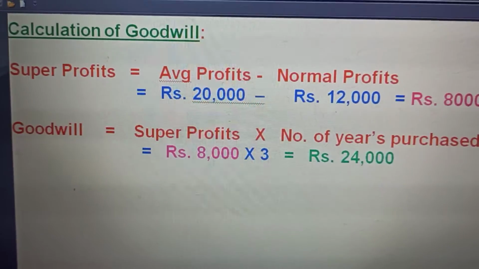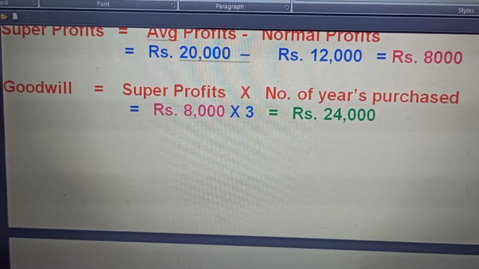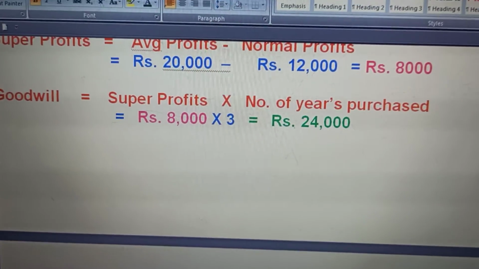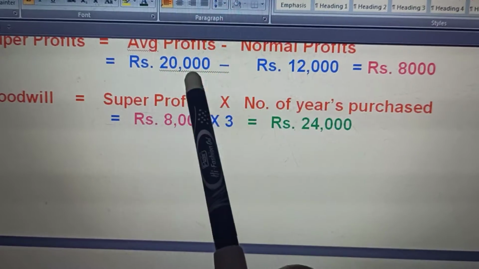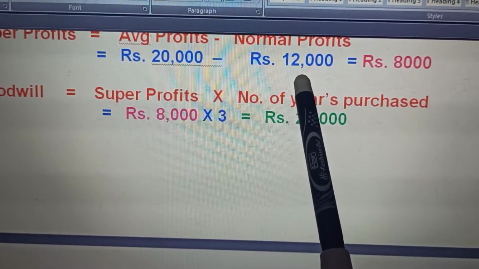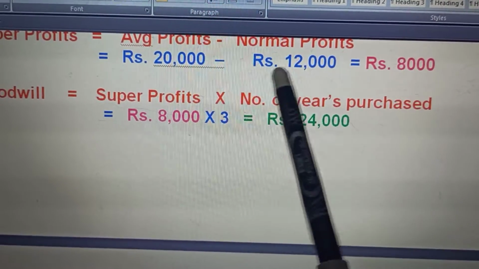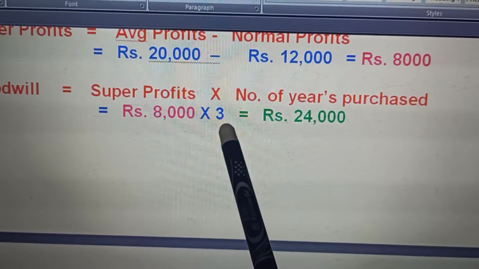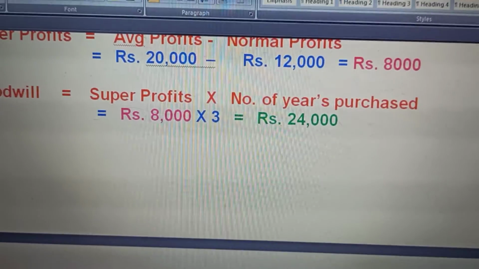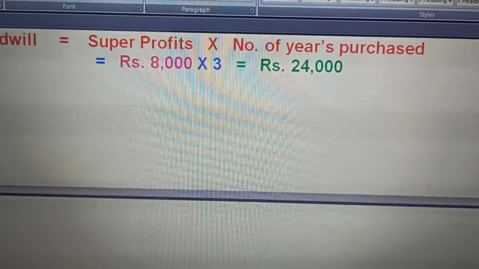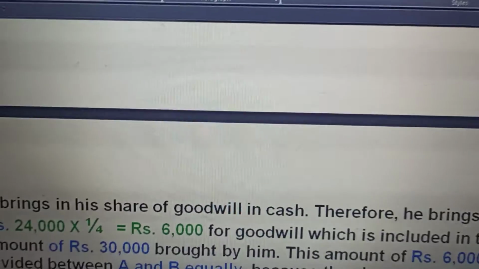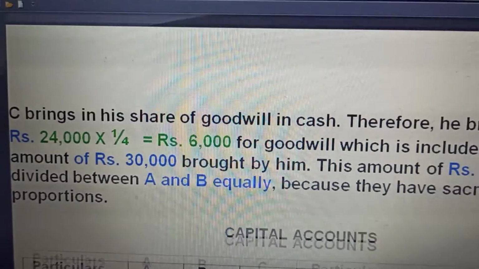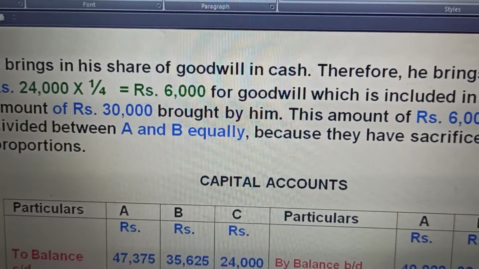The calculation of goodwill: average profits have been given to us, normal profits have been given to us. So our profit minus the normal profit is rupees 8,000. 8,000 into 3 years purchase, 24,000 is the value of goodwill, the firm's goodwill. Now they say C brings his share of goodwill in cash.